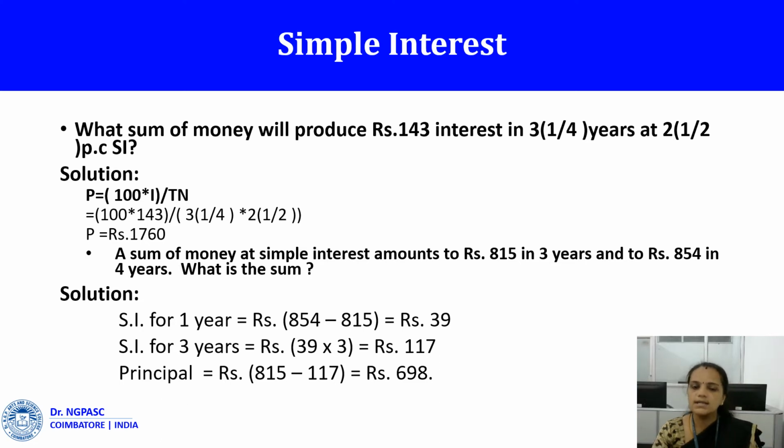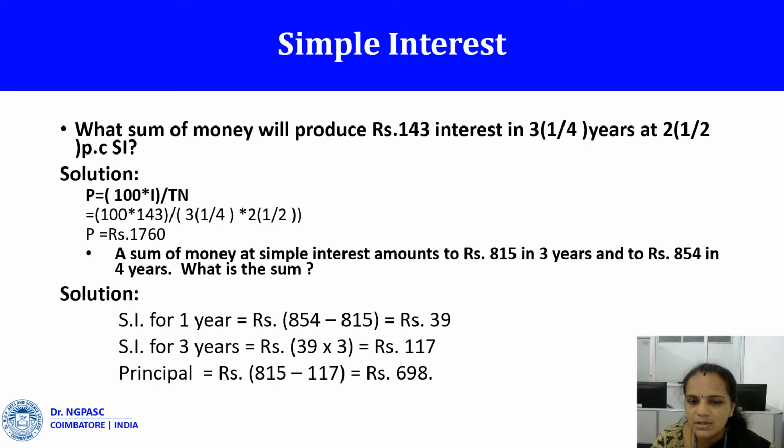So it is the indirect sum. The previous two sums directly gave the interest, the rate and the number of years. Here we don't know the principal or the interest, and we know that the amount in the third year is 815 and in the fourth year is 854.